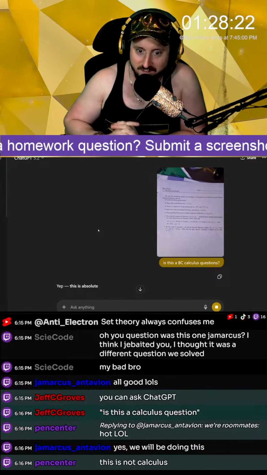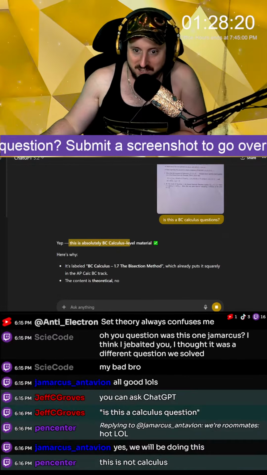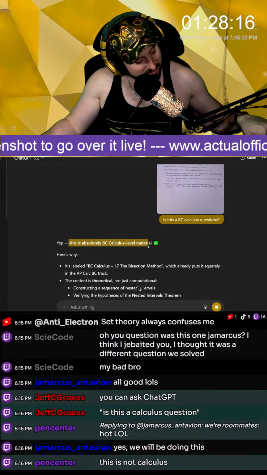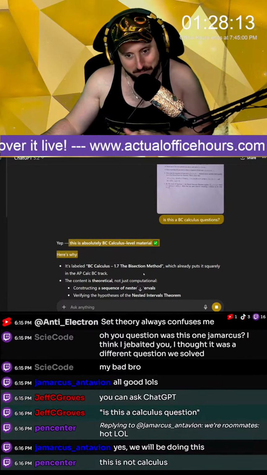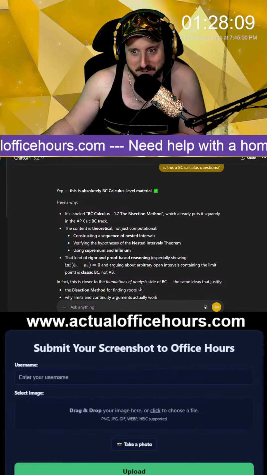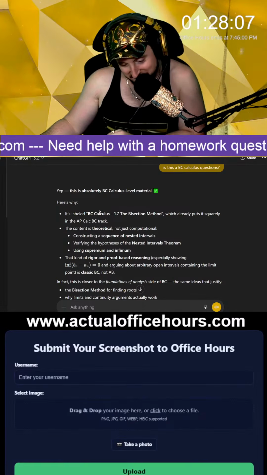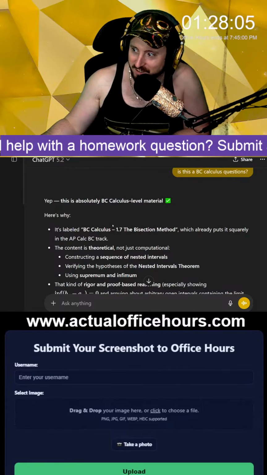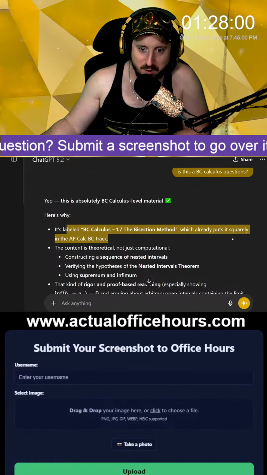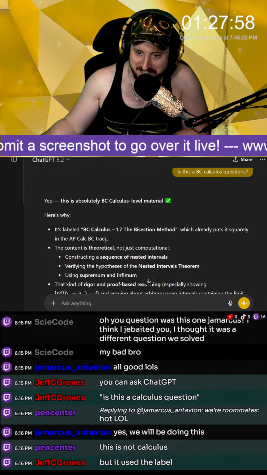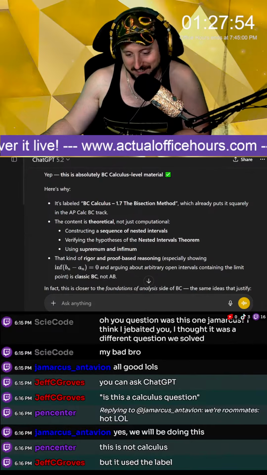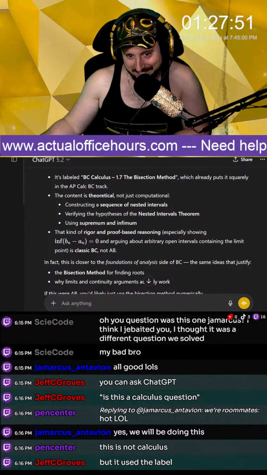Pen says this is not... Dude, ChatGPT says this is absolutely BC level calculus material. No, it's not. This is maximum cope, dude. Chat says it's labeled BC calculus, the bisection method, which already puts it squarely in the AP Calc BC track. Go home, chat. You're drunk. Dude, what?